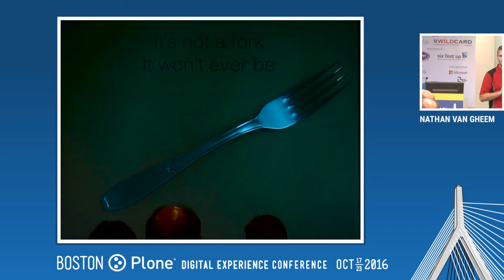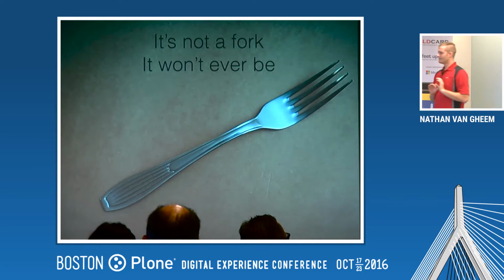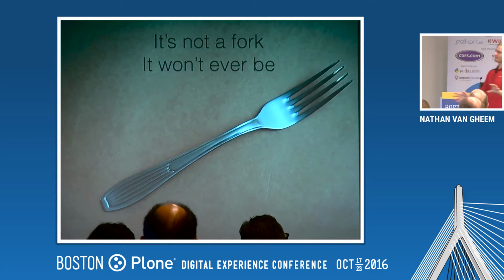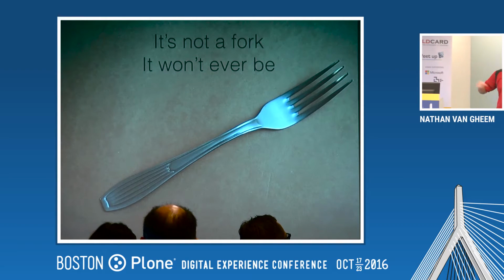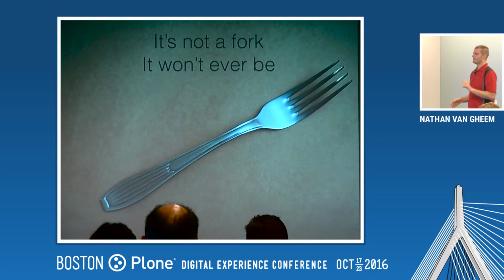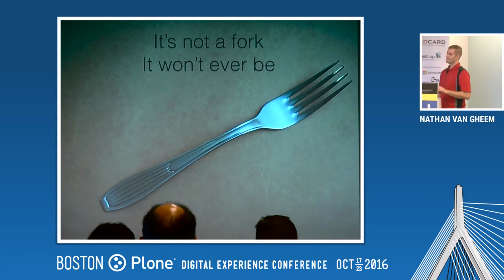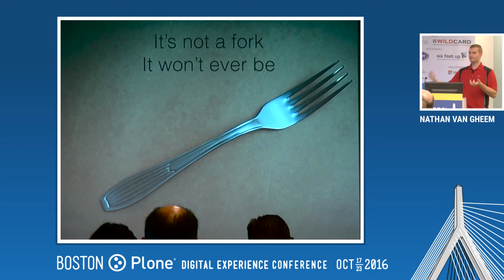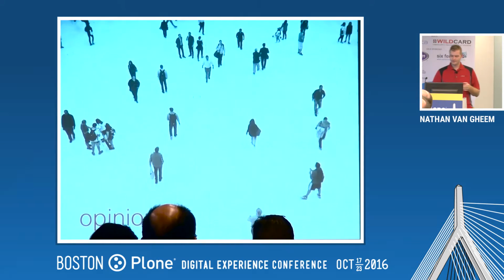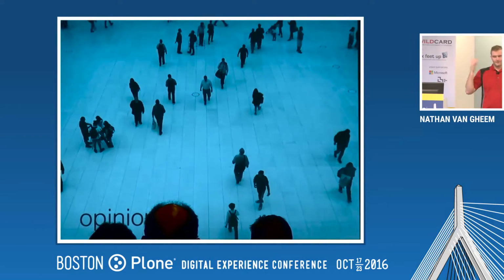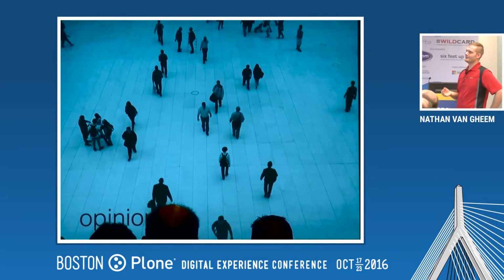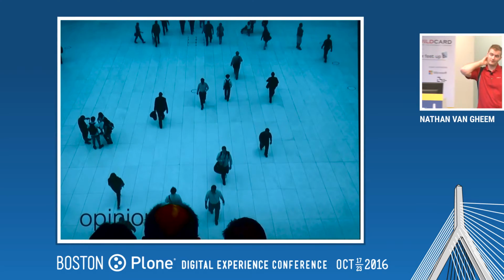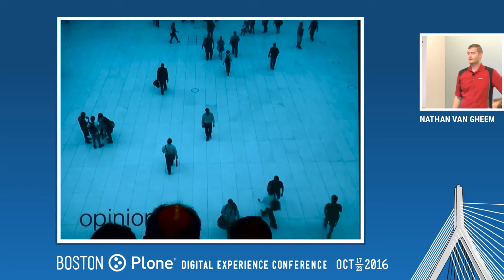It is not a fork. It won't ever be a fork of Plone. Castle will never survive if it is ever a fork. We have to work within the community, and I'll talk more about future goals and how we hopefully use it within the community to continue to innovate with Plone. Within Plone there are a lot of different people from all over the world, and we all have different opinions of how we want Plone to do certain things.